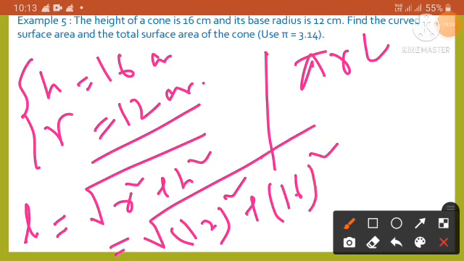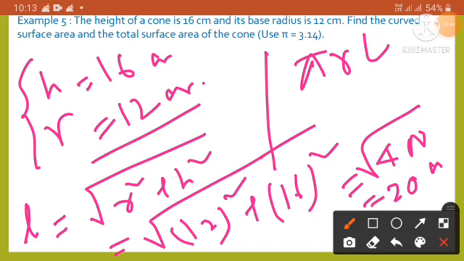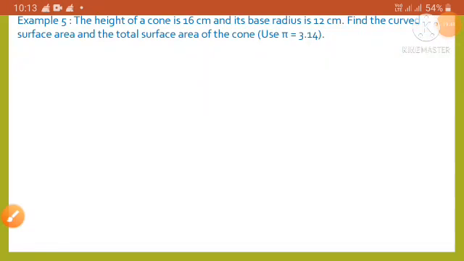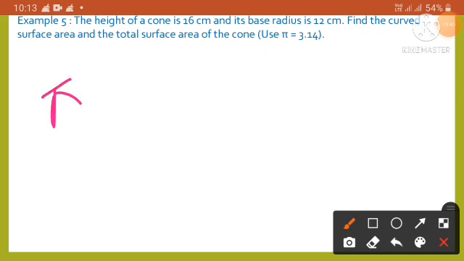So here we will get root over 400, that means L is equal to 20 centimeter. Okay. Now if L is 20 centimeter, we can easily find the value of pi r L, that is the curved surface area.